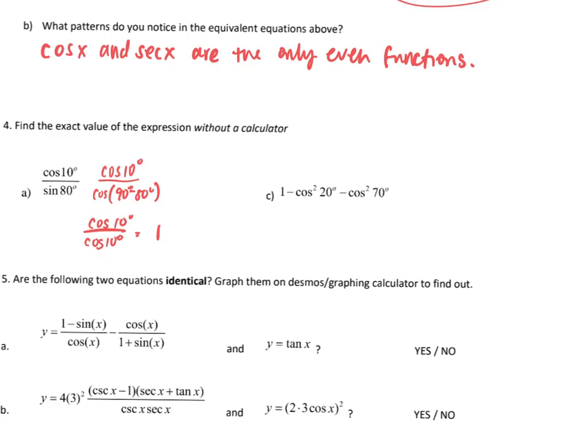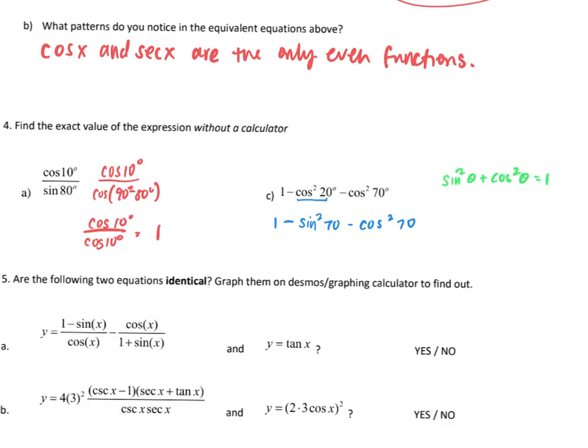Then over here, same strategy we can use. I can rewrite this cosine of 20 using cofunctions. So instead of minus cosine squared of 20, I could do sine squared of 90 minus 20, which is 70. And then I have a very interesting expression here. This reminds me of sine squared theta plus cosine squared theta equals 1.